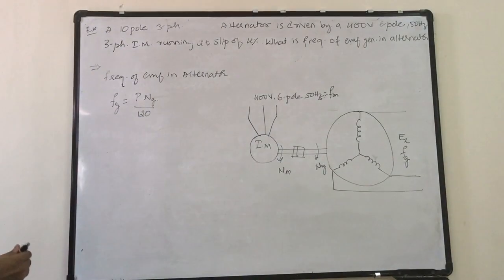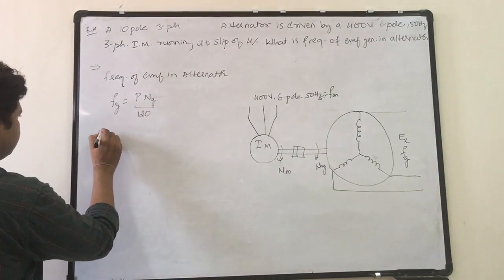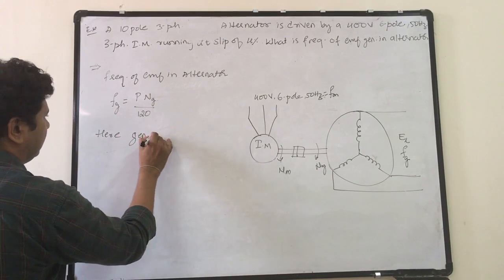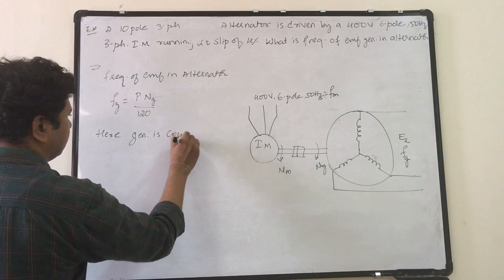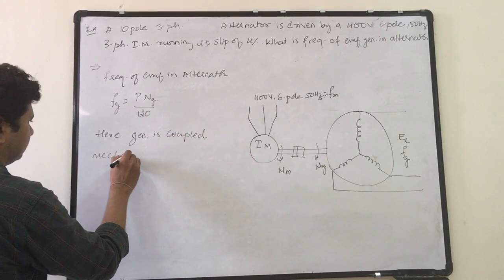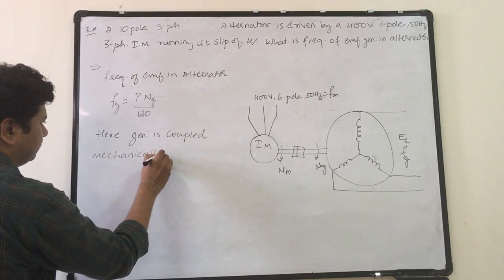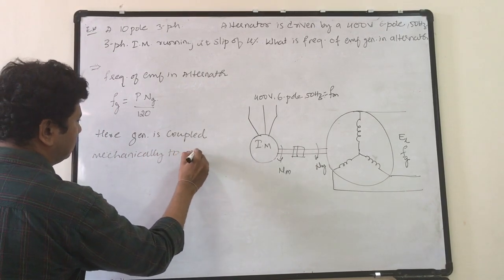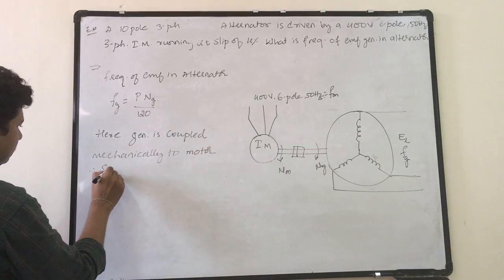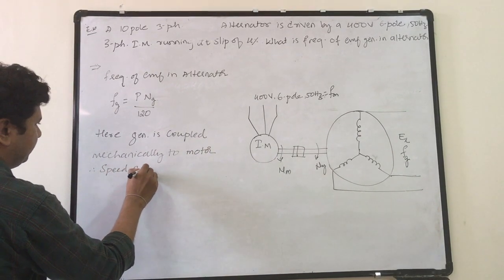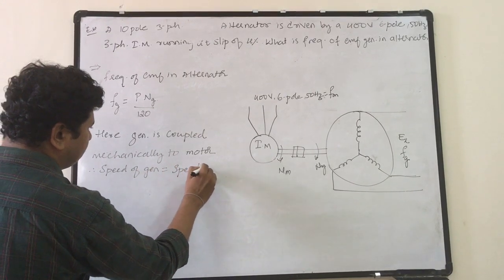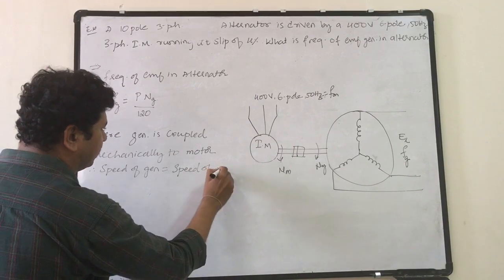So here generator is coupled mechanically to motor. Therefore, speed of generator is equal to speed of motor.